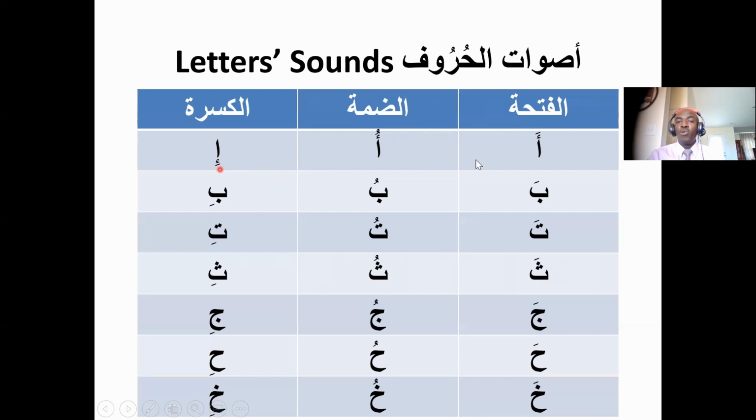So let's discover the Arabic letters with these different sounds, whether we use the fatha, a, ba, or the dhamma, bu, closing our mouth, or the kasra, bi. So a, u, e, ba, bu, bi. These are three sounds of an Arabic letter.